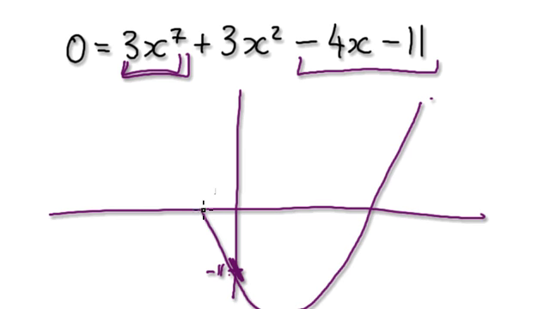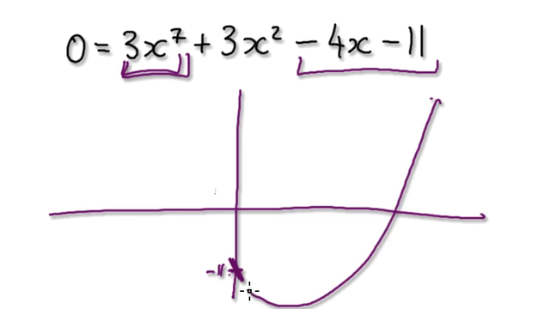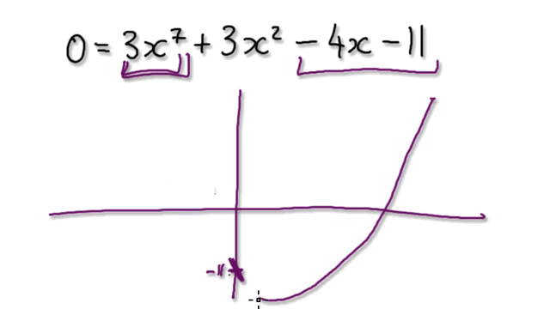So we're going to guess it to be something like this. It might cross over, it might not cross over. We can only guess. Okay, but let's try and find out this point here. So our aim here is to try and find out this point.